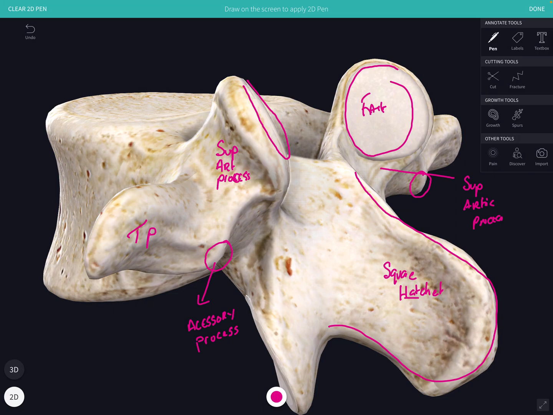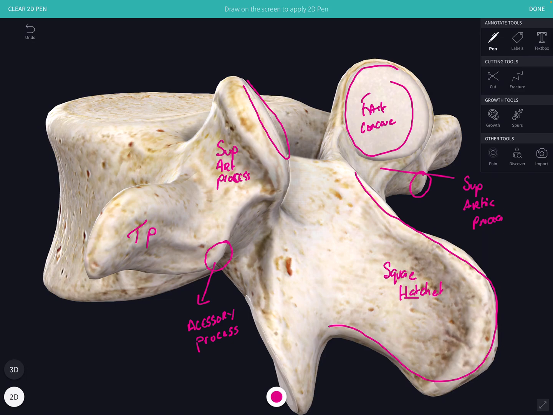So the articular processes arise from the junctions of the pedicle and the lamina, exactly the same as in the other vertebra. The superior articular facets are concave, while the inferior articular facets are convex.